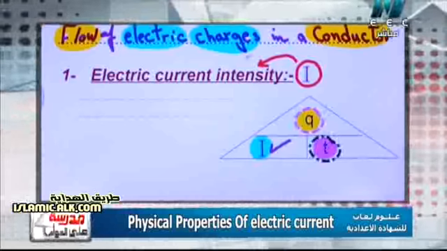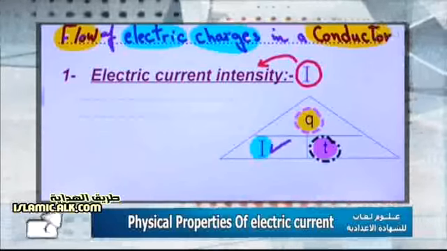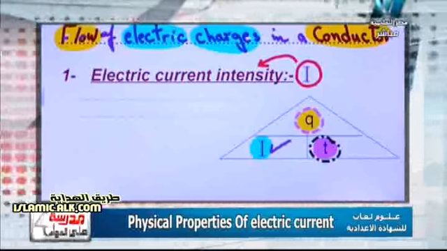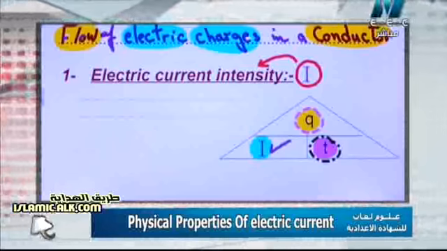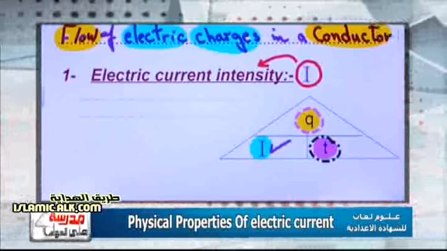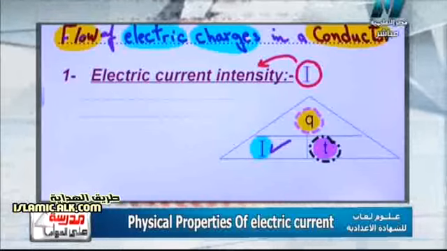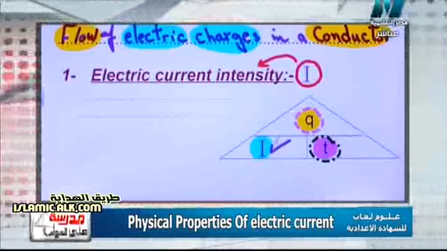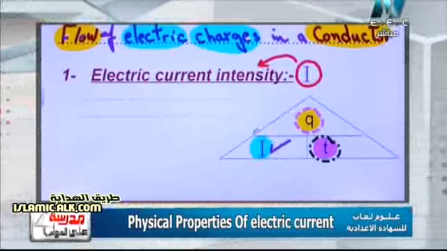What I want to get across is that we can define any physical quantity by remembering the magic triangle or mathematical rule. As we talk today about the first point, electric current intensity: what is meant by it?